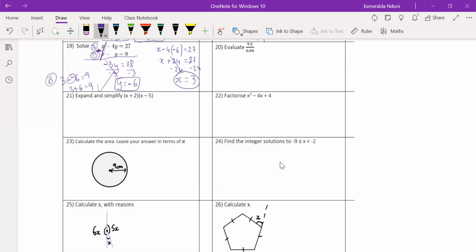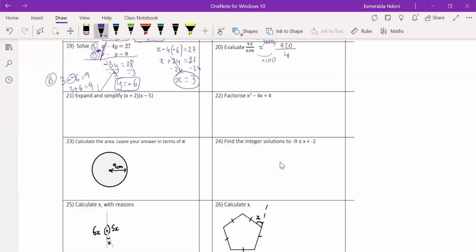Question 20, evaluate. This is a non-calculator question, so do not reach for your calculators. We need to make equivalent fractions in order to divide decimals, and to do so, our aim is to have an integer here. If we times 0.04 by 100, we go into 4, and that's our aim. Whatever we do to the bottom, we do to the top.